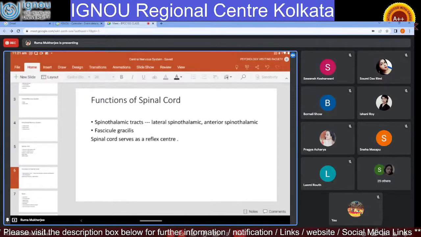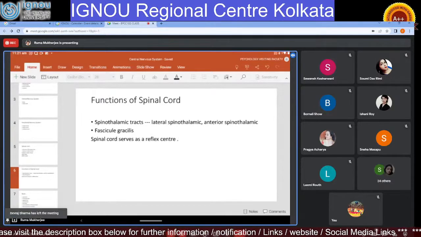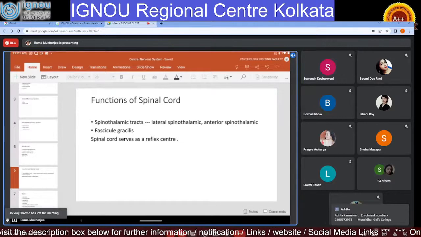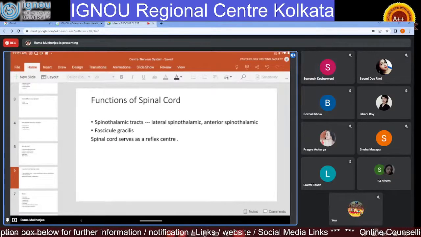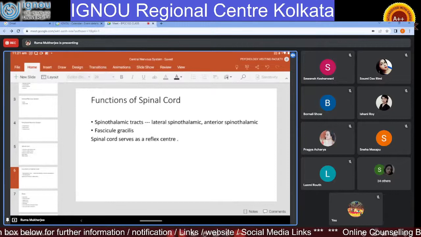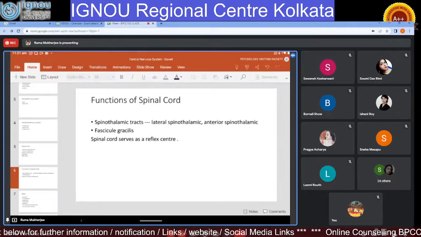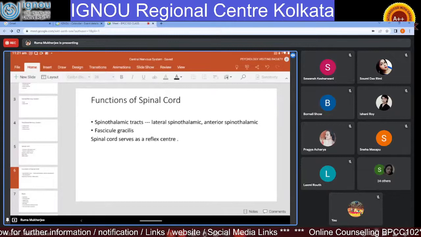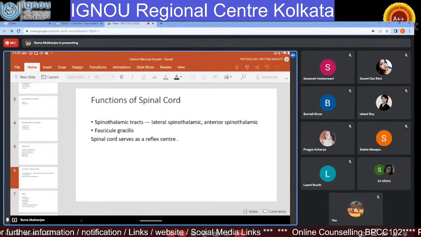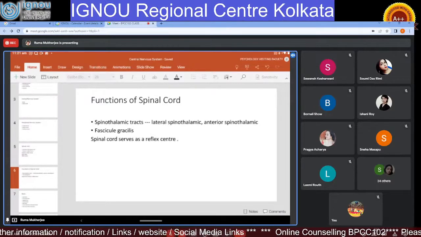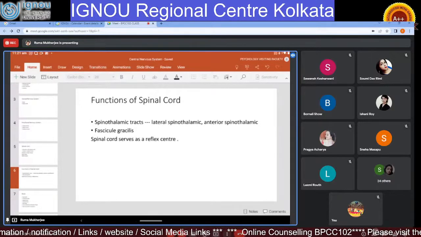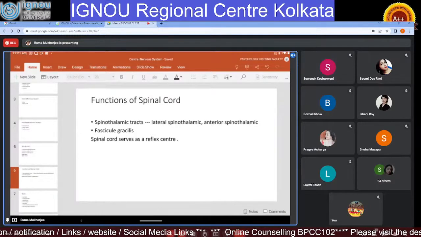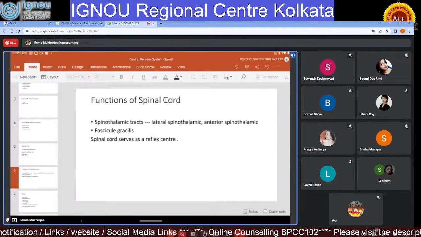Now, the spinal cord's main function is to serve as a reflex center for many reflexes, and it is the center of the reflex arc, wherein the incoming sensory impulses are converted to the outgoing motor impulses.